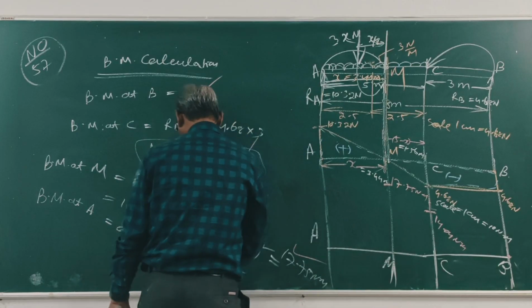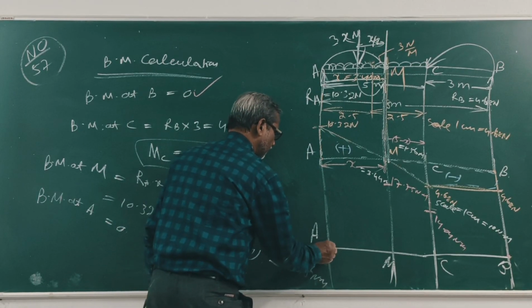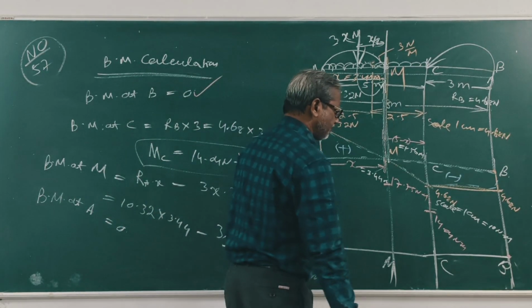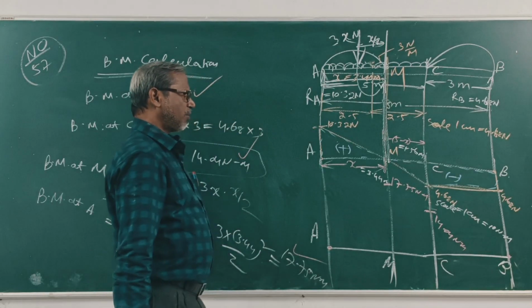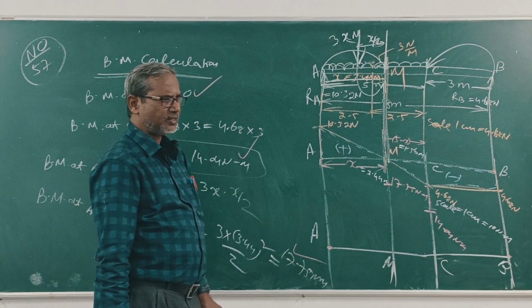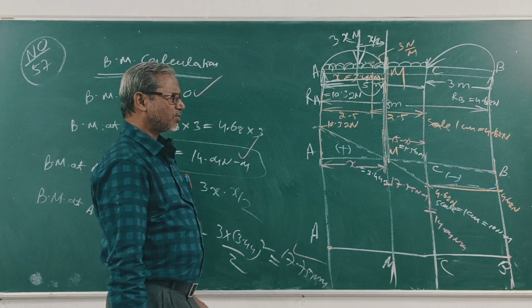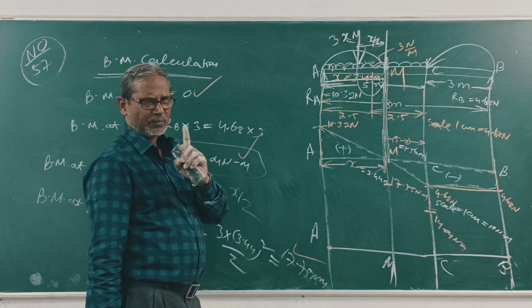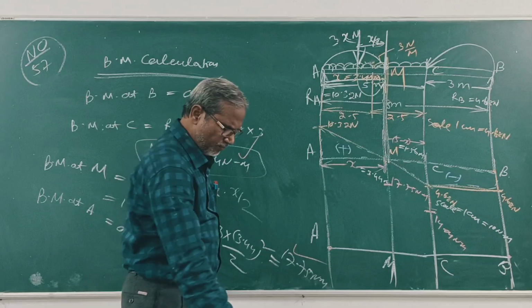At A, 0. Clear? Now from A to C, parabolic, this is second degree of x. C to B, straight line, first degree of x. So the diagram is like this.